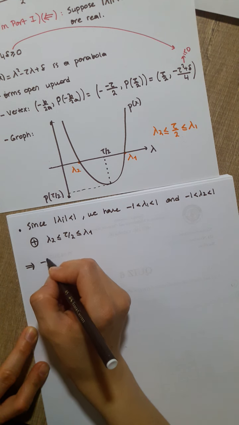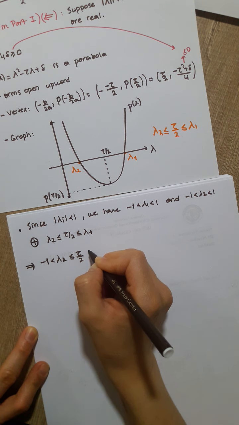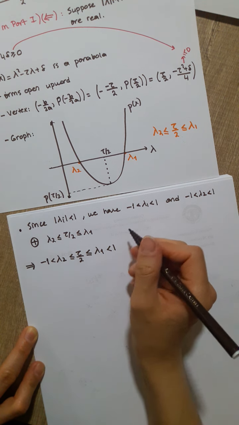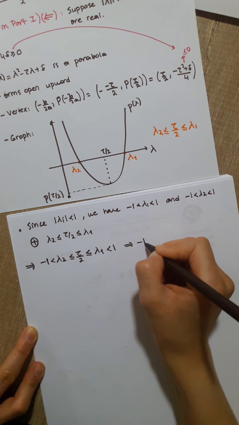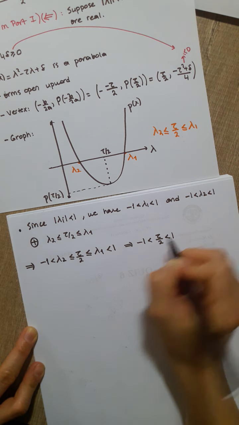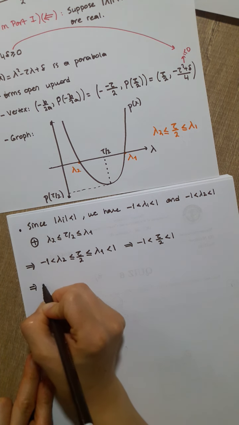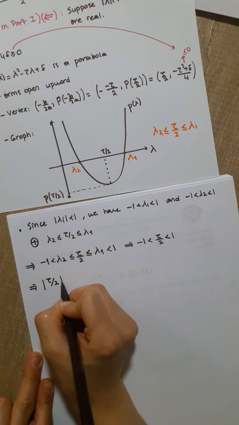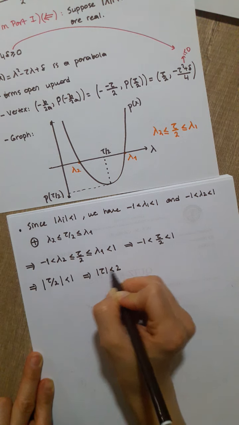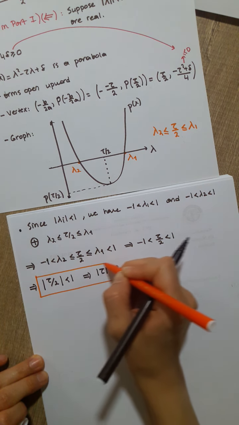Minus 1 is less than lambda 2 and it is less than or equal to tau over 2, and it is less than lambda 1 and lambda 1 is less than 1. So as a result, tau over 2 is between minus 1 and 1. So I can say that the absolute value of tau over 2 is less than 1, which means absolute value of tau is less than 2. Okay, we have these and we will use it.